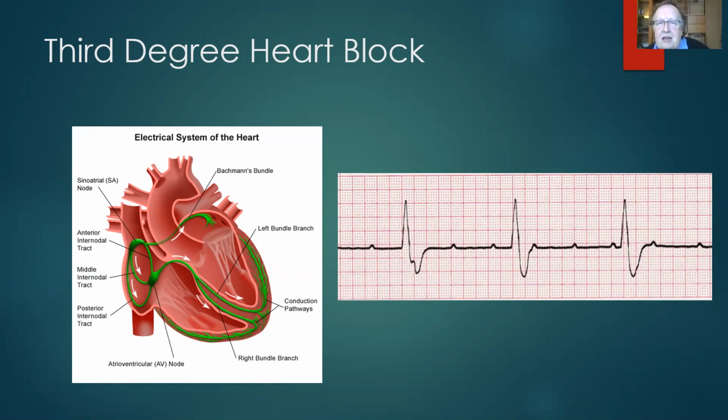And so we can say here the postman is dead because the SA node is sending impulses towards the ventricles. They are not receiving the information, and our drummer, who's in the ventricles, who beats between 20 and 40 beats per minute, is going, well, I'll just beat the drum myself. And so there is dissociation between the atria and the ventricles.